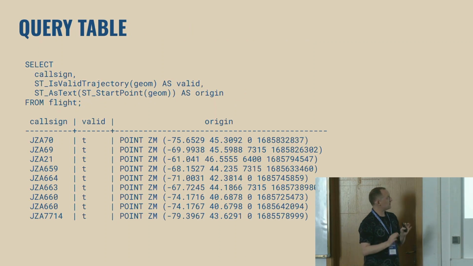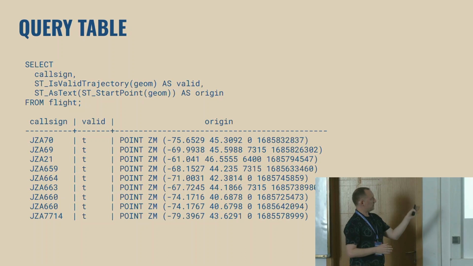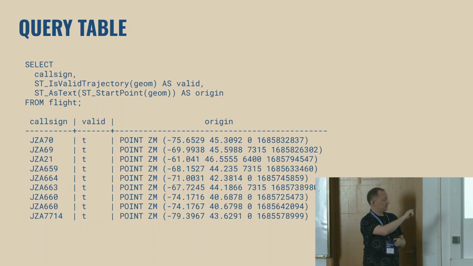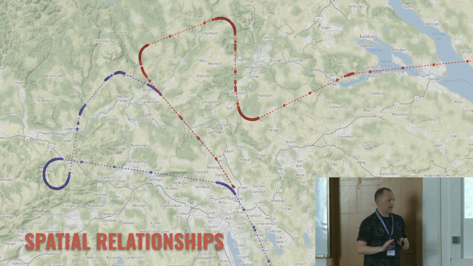So as soon as we've done this, we can query the table, and you can see that there are four-dimensional points in the line string geometry now. So we've got the data from OpenSky into PostGIS in that table format that I showed at the beginning of the talk.